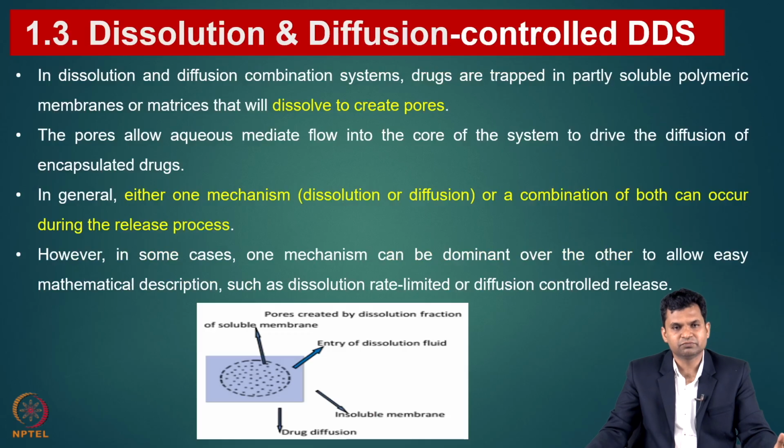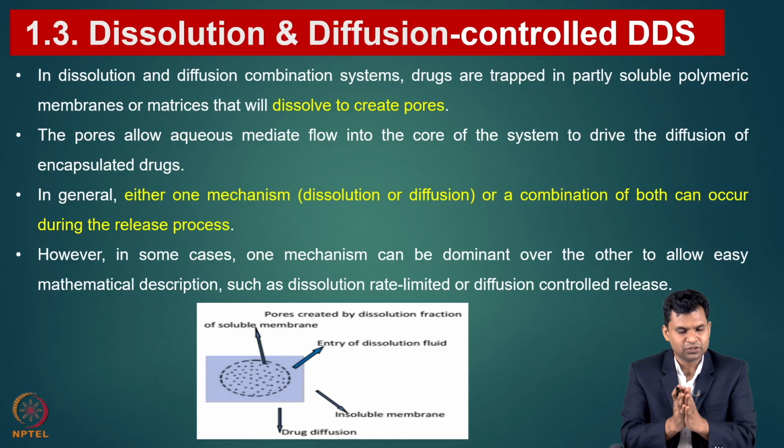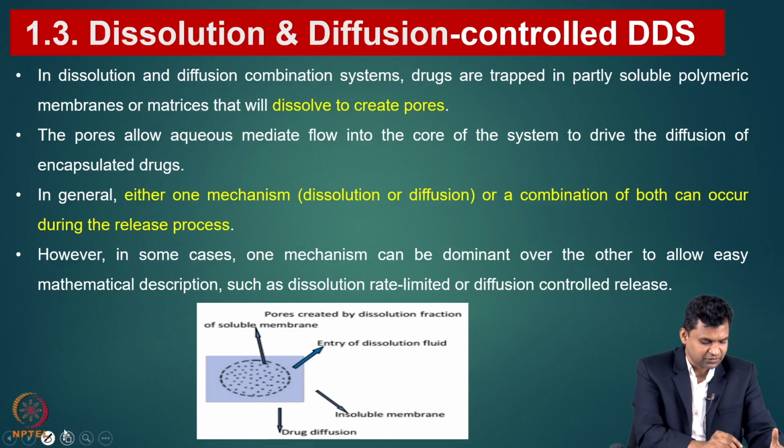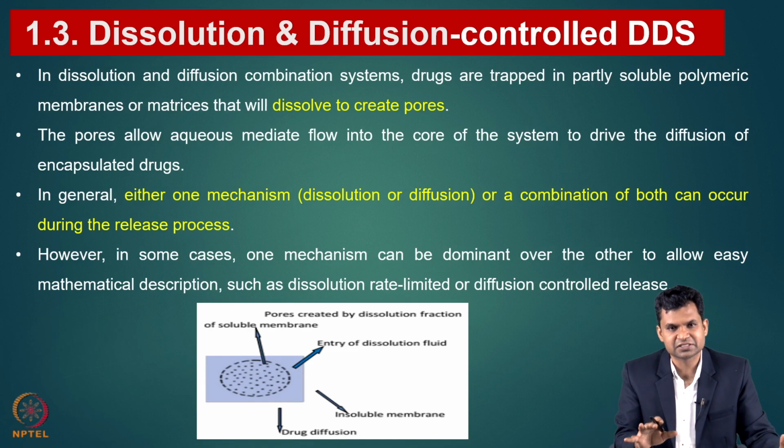In the third system, we are going to discuss the dissolution and diffusion controlled drug delivery systems. It is a combination of both mechanisms. These systems work on the principle of combination.